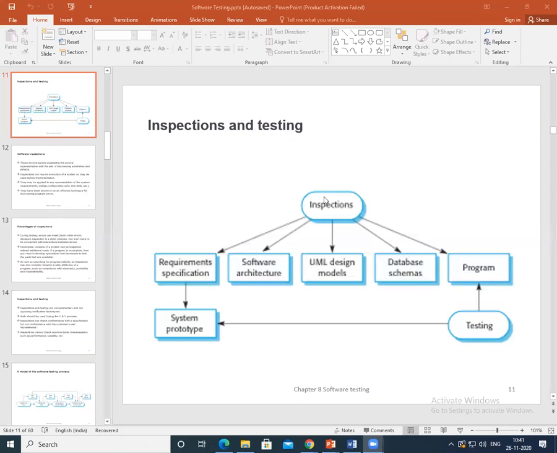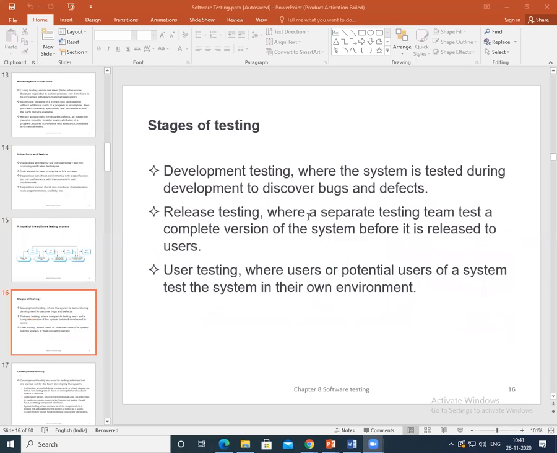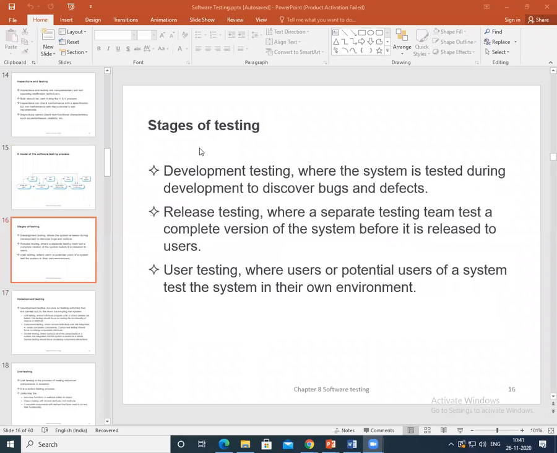So we need to start with development testing. Today we have gone through the different stages of testing.